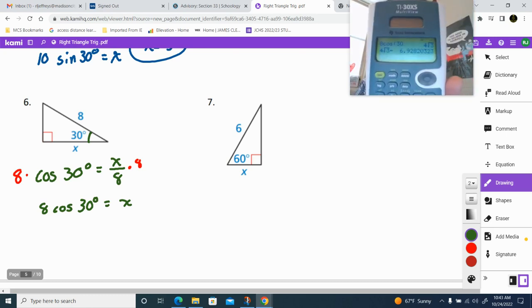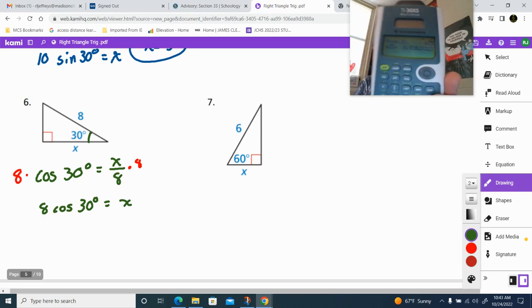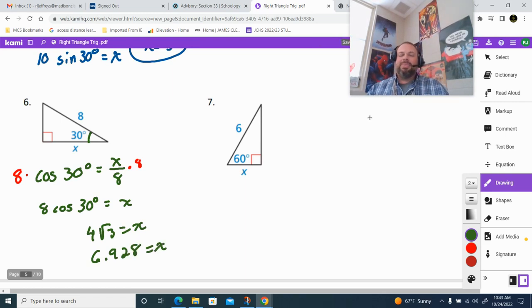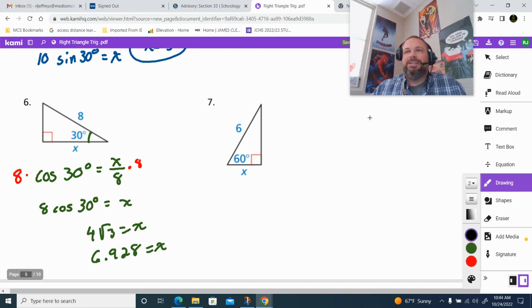You would actually get 6.928. Now, if you were to look at your rules of the 30, 60, 90, this is 8. This should be 4. This should be 4 root 3. Again, if you're using those rules.